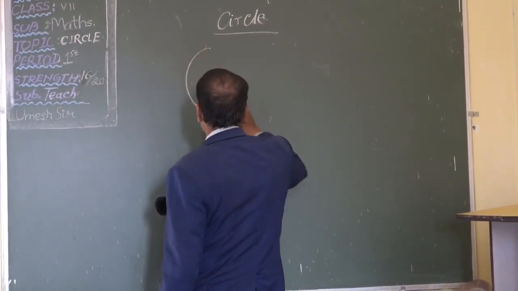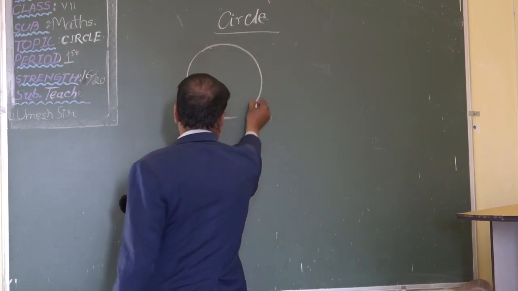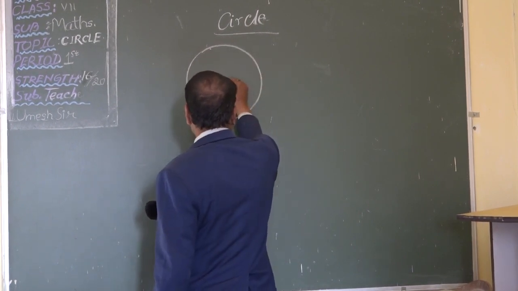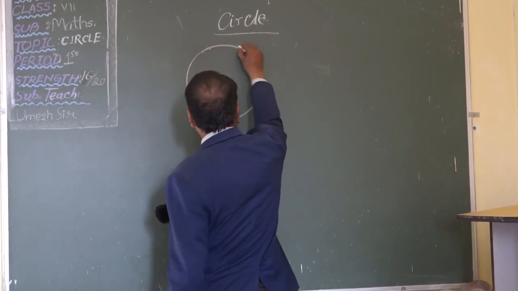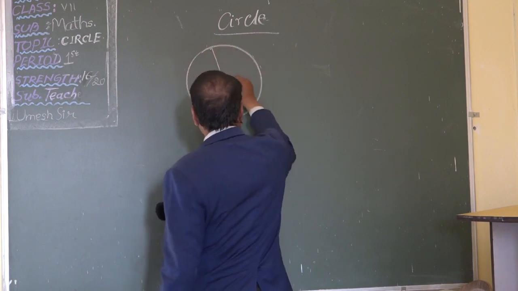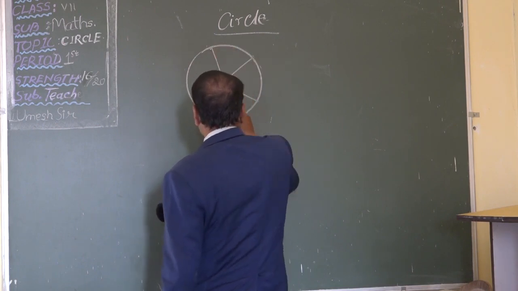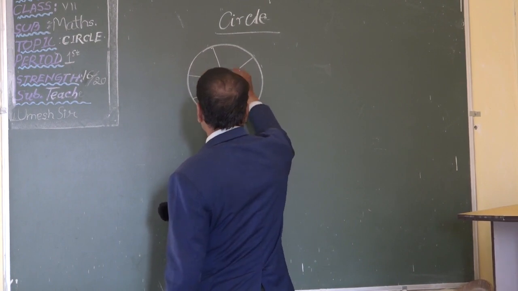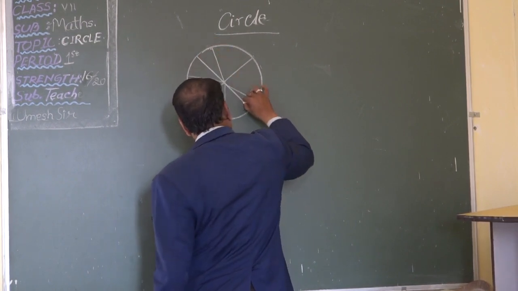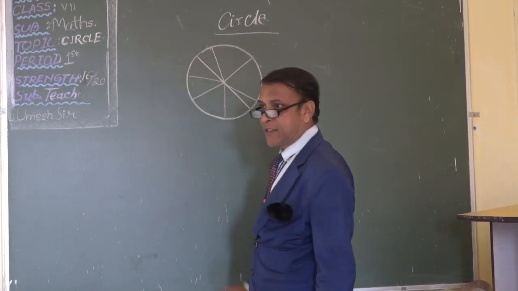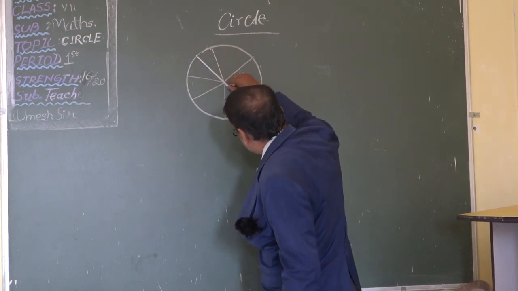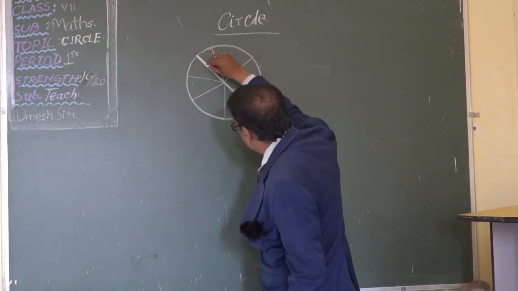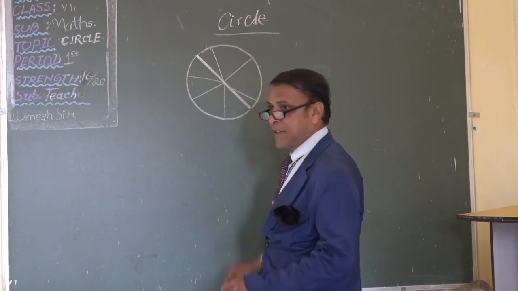So circle is a closed geometrical figure. Every point on the circumference is equidistant, and this is called the circle. And two radius make one, what is it?